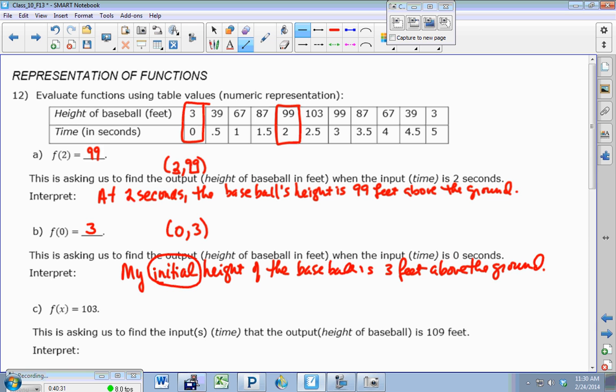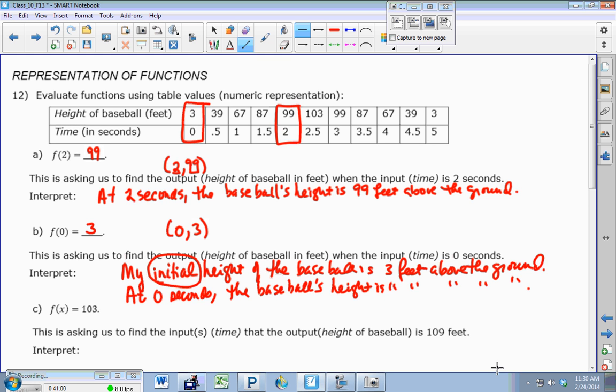Initial is the word that we use when we're talking about at t equals 0 seconds in this case. You could also just do the same thing we did above. At 0 seconds, if you want to just play the game that way, the baseball's height is 3 feet above the ground. That's okay too. You don't have to be fancy and use initial if you don't want. Period.